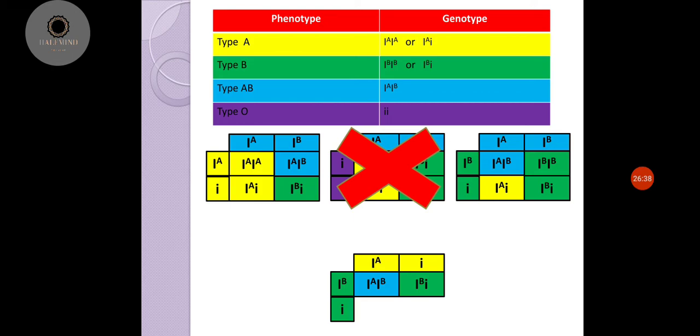Ayun. Ito din. Isang example pa rin. Ito yung tama talaga na combination or possible na genotype ng parents natin. Ang mother or the father is a heterozygous type A and heterozygous type B. Makakaproduce sila ng 25% na chance na type B yung anak or 25% na chance na type O na anak, and they also have 25% na chance na type A yung anak, and then they also have 25% na type AB yung blood type ng kanilang anak.